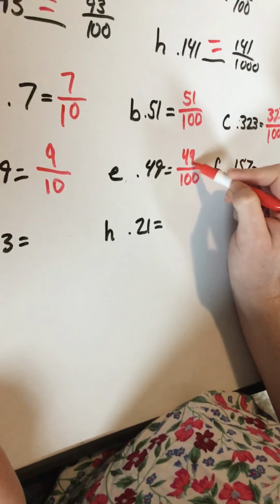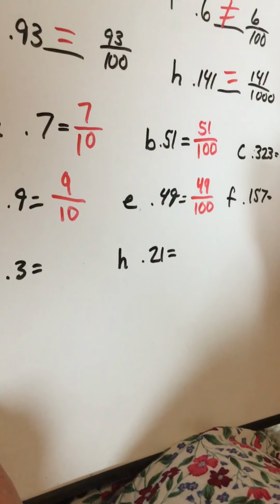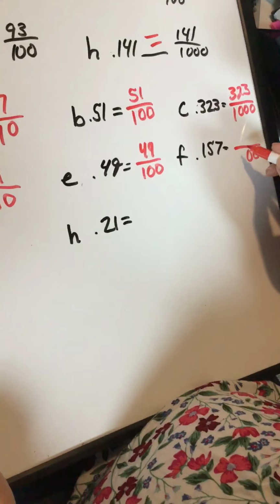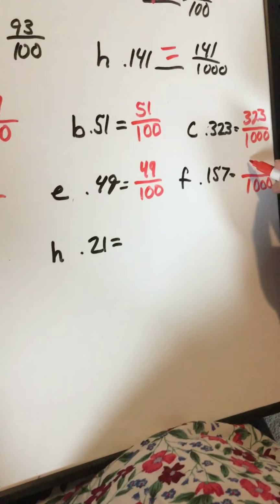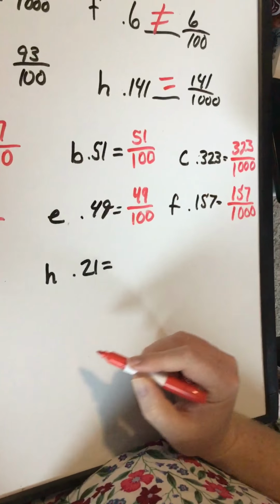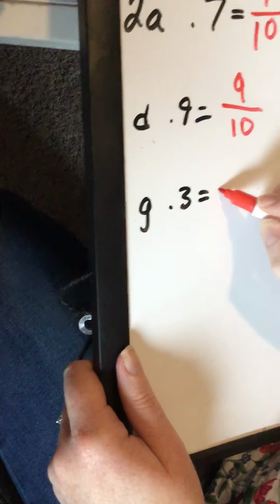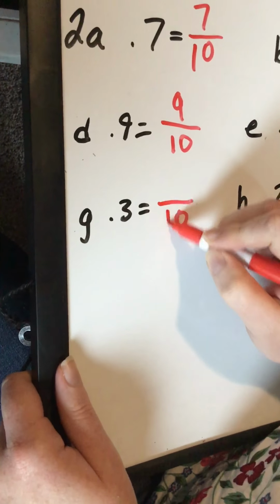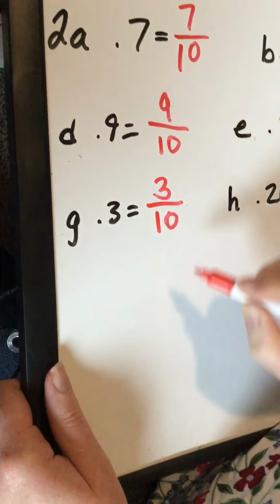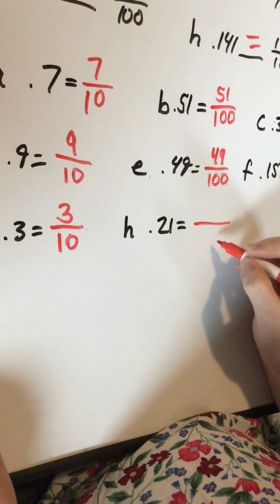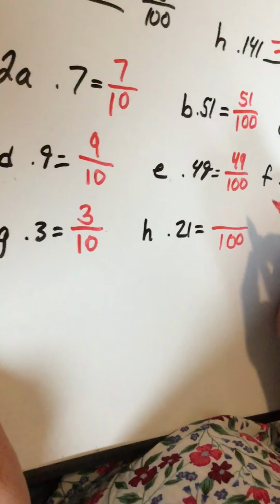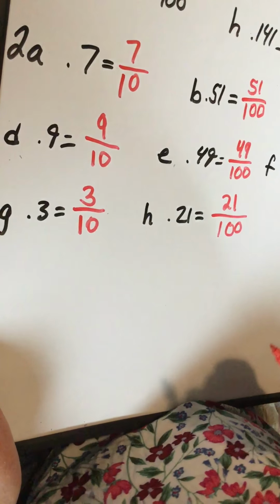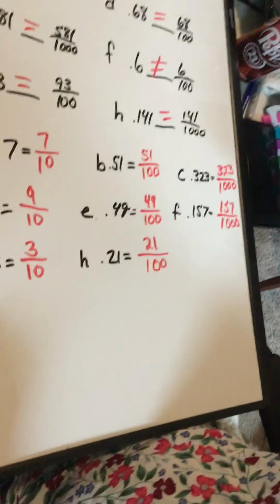Now we add the 49 on top. 3 numbers, 1, 2, 3 zeros on the bottom. Put a 1 here. Now we do 157 on top. 1 number, 1 zero. Put a 1, and then our number. 2 numbers, 2 zeros. Put 21 on top. That is how you do those.